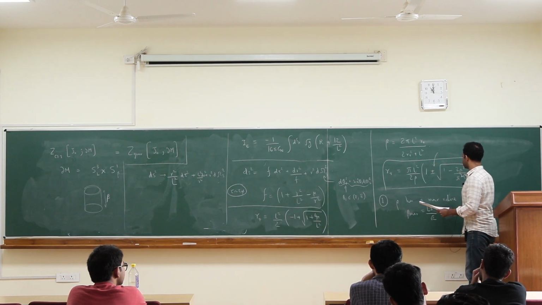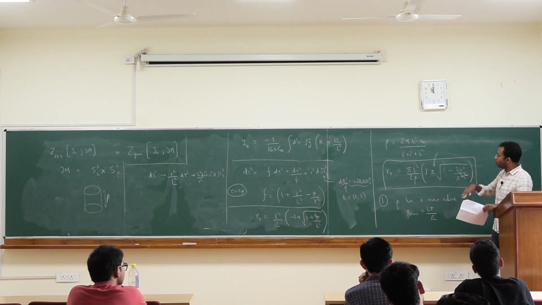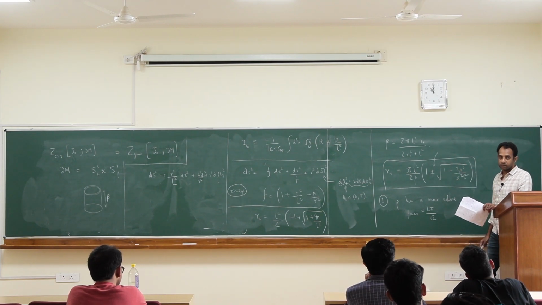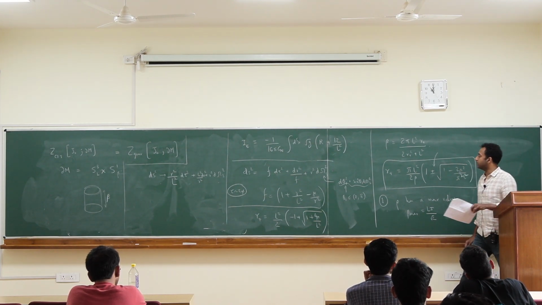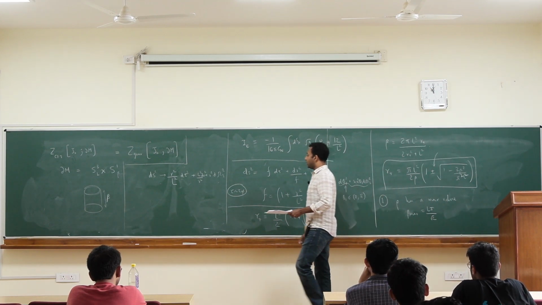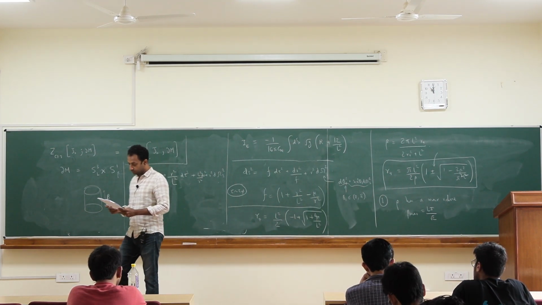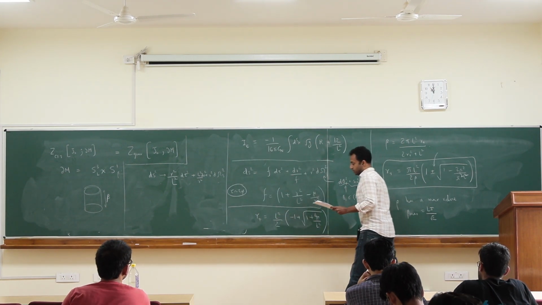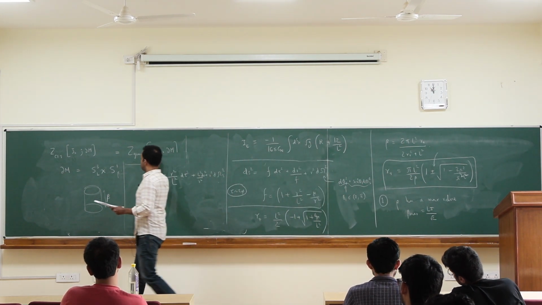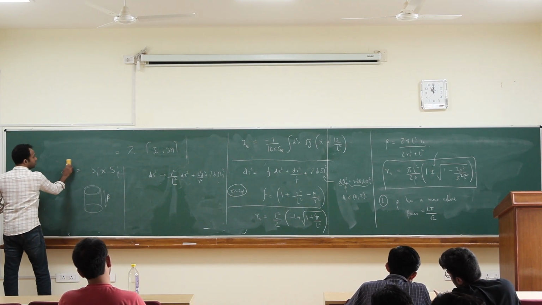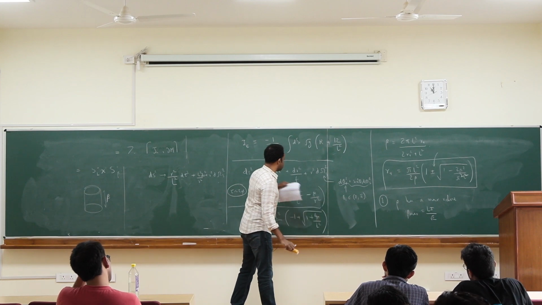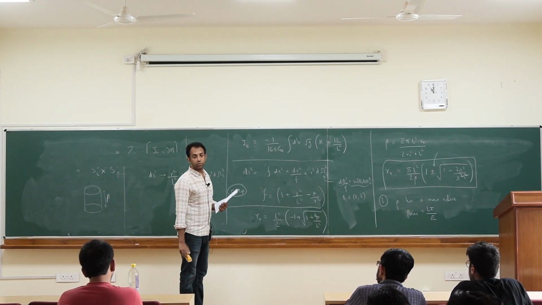So beta has a max value, basically means that there is a temperature below which these solutions do not exist, and only above it do they exist. Of course you should also note that if I just set mu equal to 0 here, that's always an acceptable solution of this equation of motion.